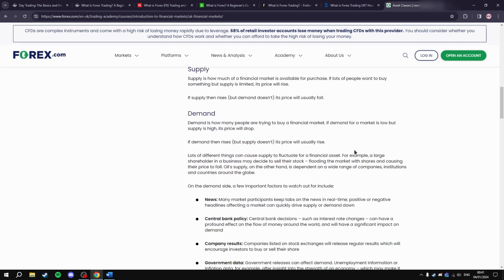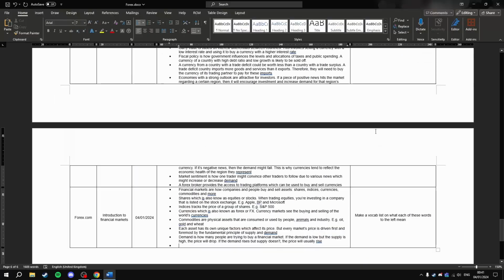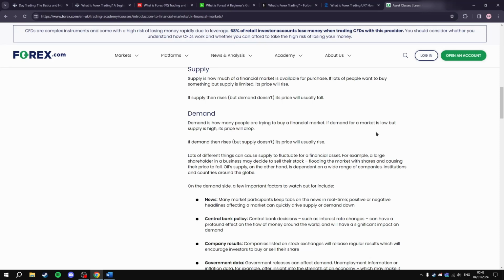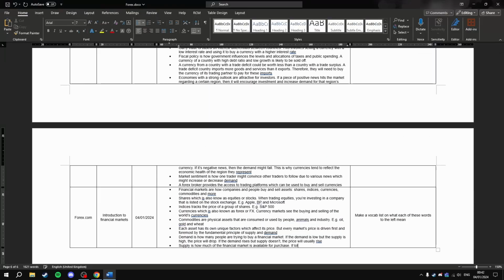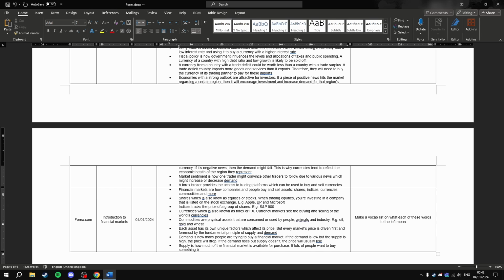Supply is how much of a financial market is available for purchase. If lots of people want to buy something but the supply is limited, the price will rise.